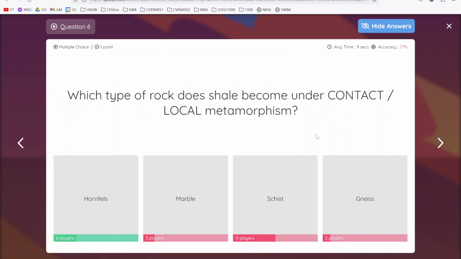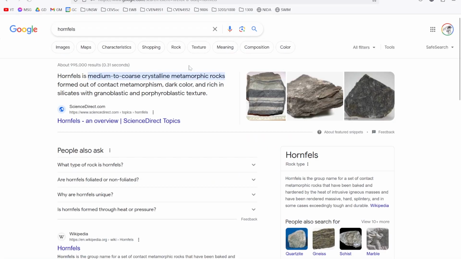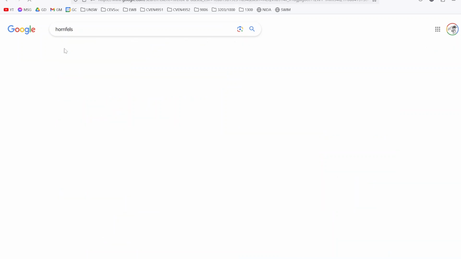Hornfels is really interesting because it's made from the same makeup as, for example, shale and schist. Oh, sorry, as schist, but shale will become schist under regional metamorphism, whereas it'll become hornfels under just contact metamorphism, so just heat.